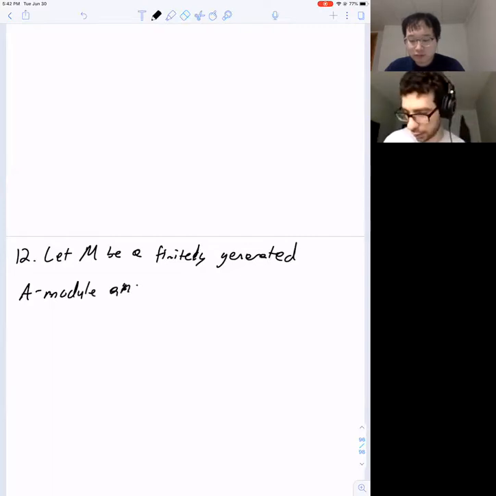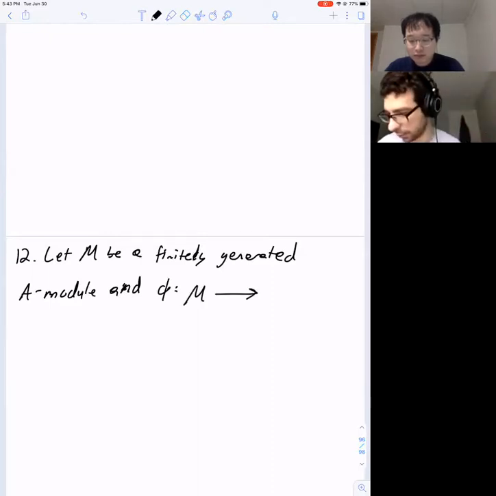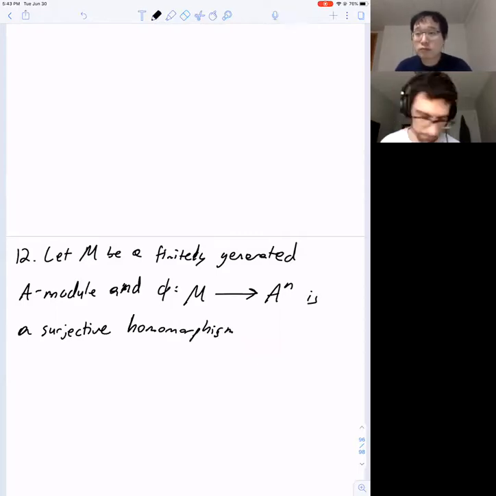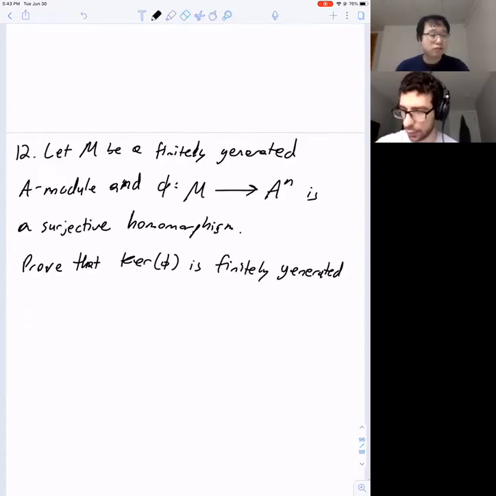And let's say phi going from M to A to the N is a surjective A module homomorphism. So I want to prove that the kernel of this map is also finitely generated. So how do I do that?